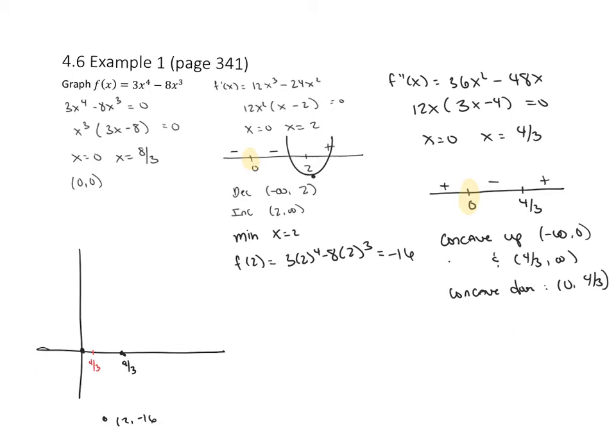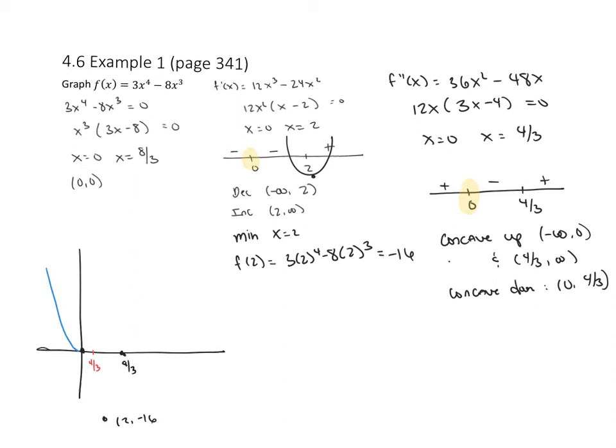I'm decreasing from 0 to 2, but at 0, I change from concave down to concave up. So that's going to be concave up from negative infinity to 0 and decreasing. So we'll look something like that.